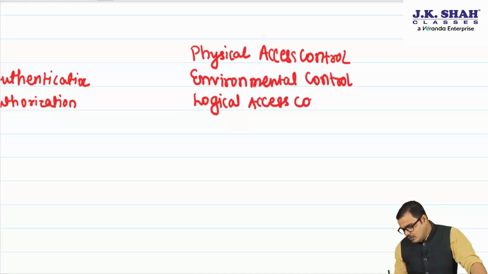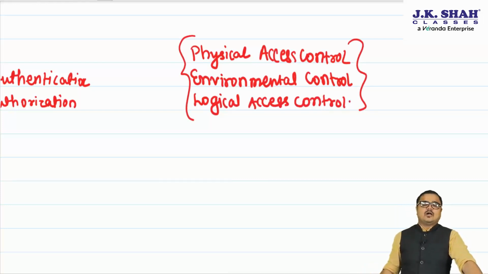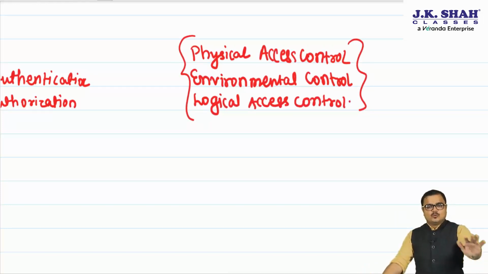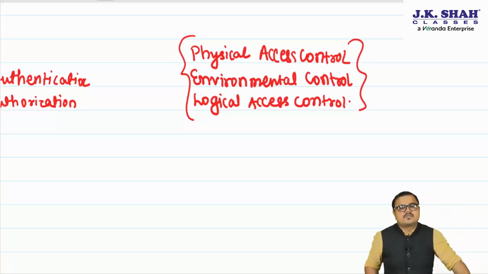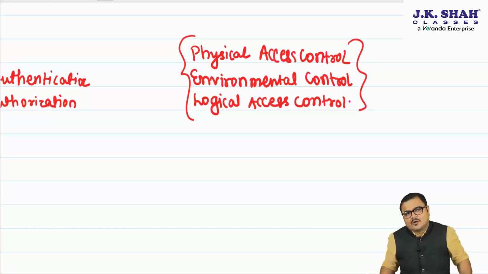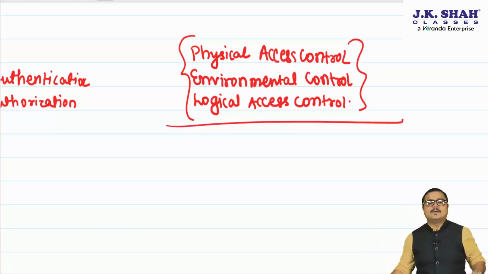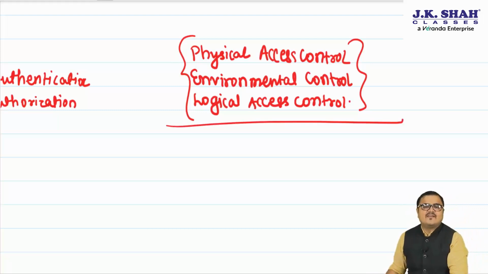Now, after applying all these controls, even if the system is not able to recover from certain risk, or we are not able to protect our system from all types of risk, then as a last resort, we have three most important controls that we are supposed to remember.